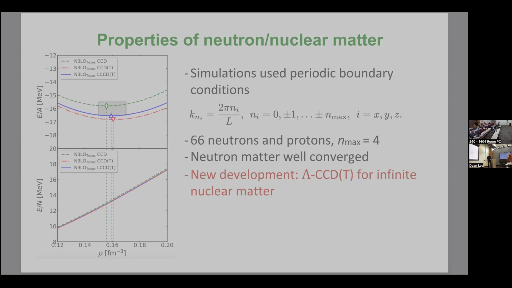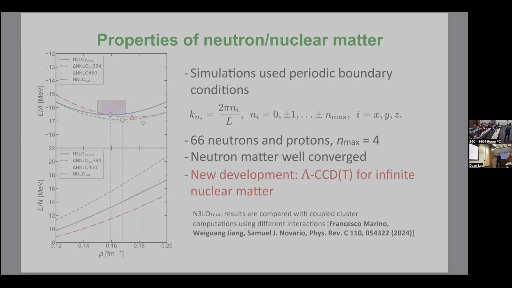This really means that the perturbative triples are expanded around the CCD ground state solution. You can see that the lambda triples correction gives slightly less binding than what we had before with the CCD(T) approximation, and compared to the empirical box, we are consistent with that as well.